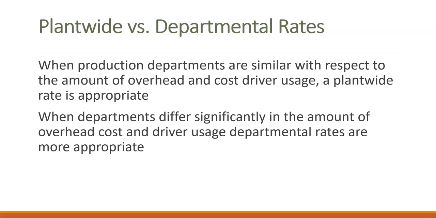If our production is pretty similar among all lines, a single plant-wide rate is appropriate. It really depends on our company, what our company does, and how our company is structured, whether we would use a plant-wide rate or a departmental rate. Then the other way we can source it out is also by activity rates, which will happen in another chapter.